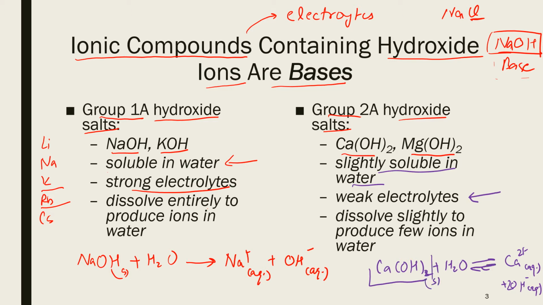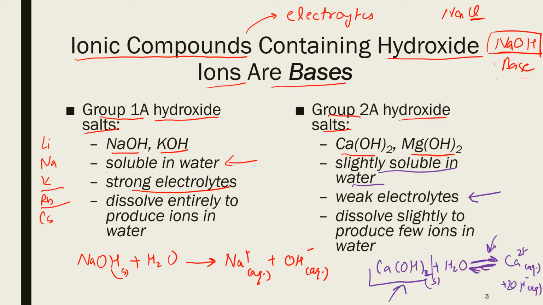That's why there is a reversible arrow. That means some of them dissociate to give us ions, but the majority go back and give us solid calcium hydroxide. So that reversible arrow indicates a weak electrolyte, whose dissociation is not 100%.